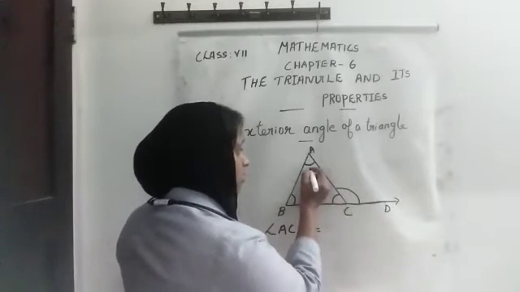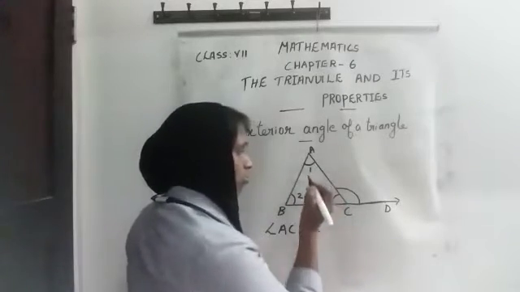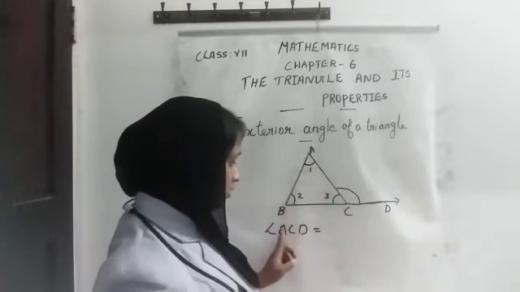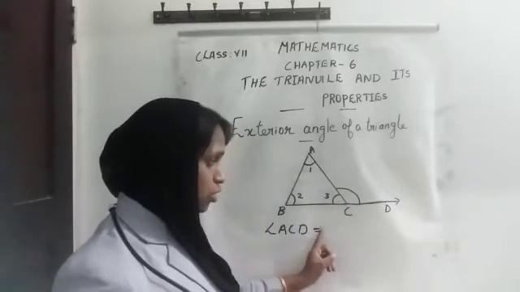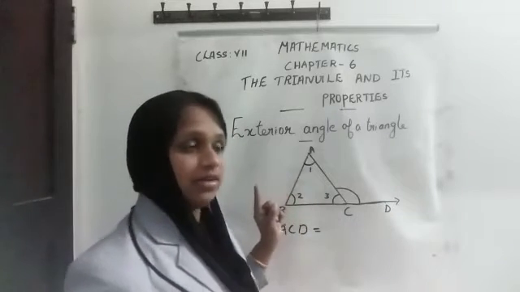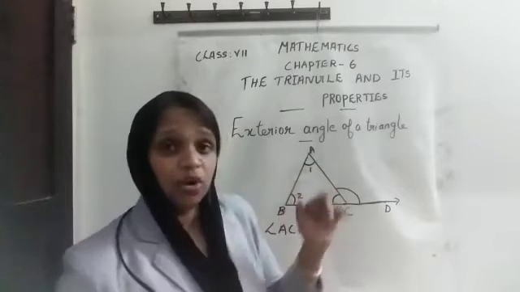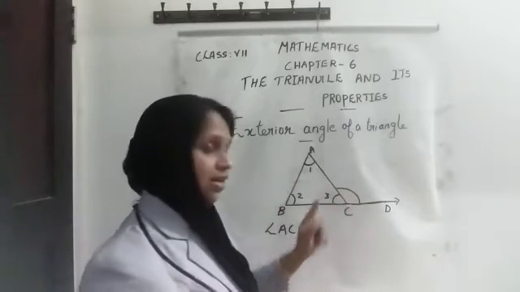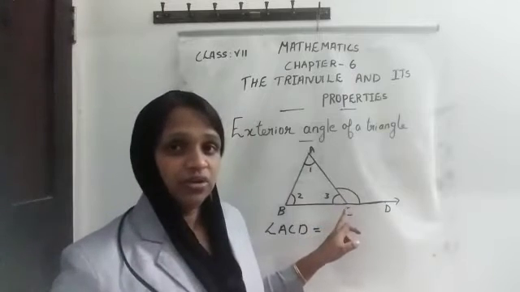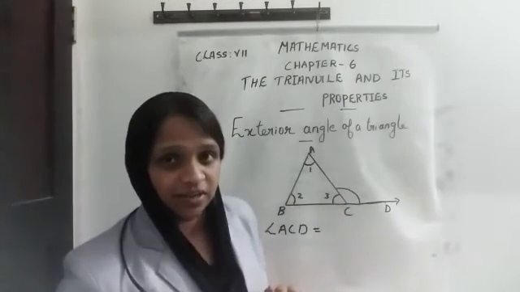If I mark here 1, 2 and 3, three angles are here. So the exterior angle is equal to the sum of interior opposite angles. That means this angle 1 and angle 2 are opposite to this angle ACD. See this 3, it is adjacent. This 3 is adjacent to this exterior angle.